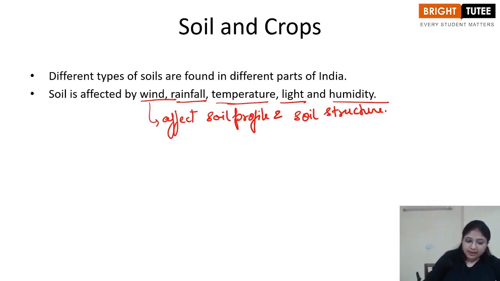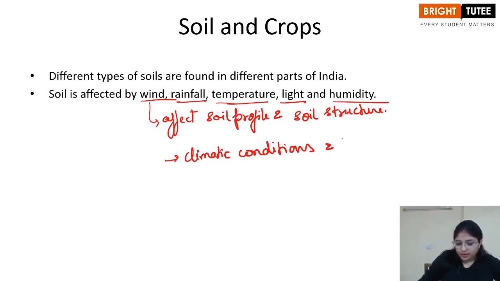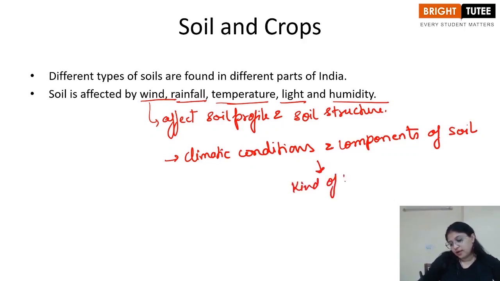Apart from that, the climatic conditions and components of soil. Both of these things are important components, determine the kind of vegetation that will grow in an area.